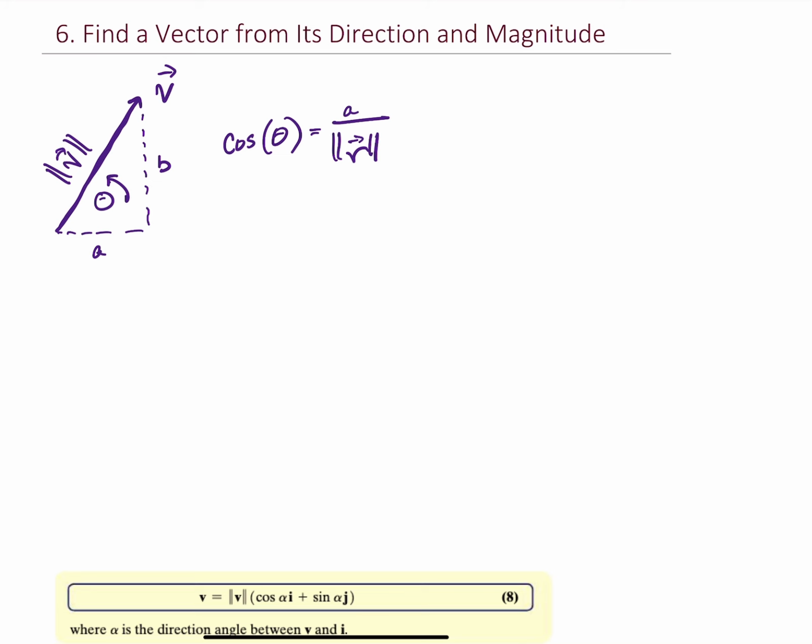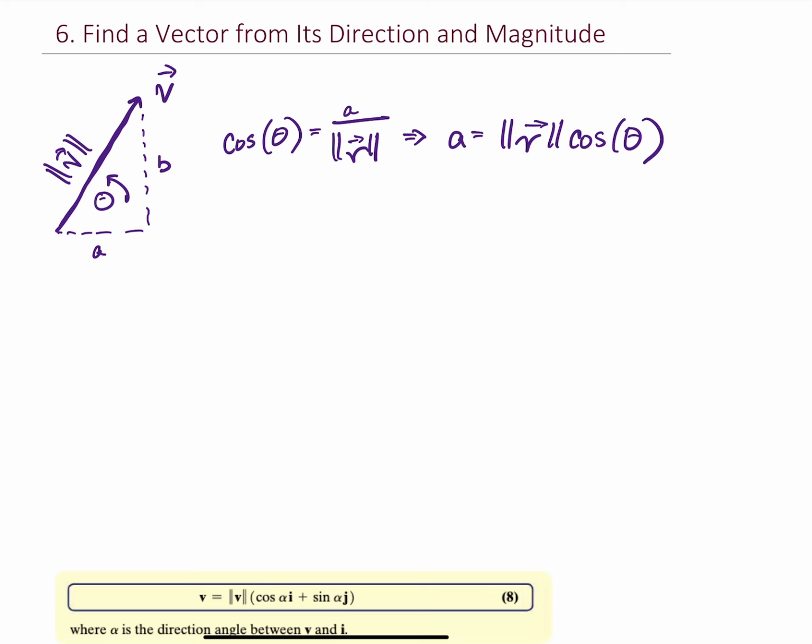And then solving for a, we get that a is equal to the magnitude of v times the cosine of theta. If this feels familiar, it should, because we did something very similar with polar coordinates when we were converting from rectangular and polar descriptions. We said x equals r cosine theta. So we're doing the same thing here, just with different labels.